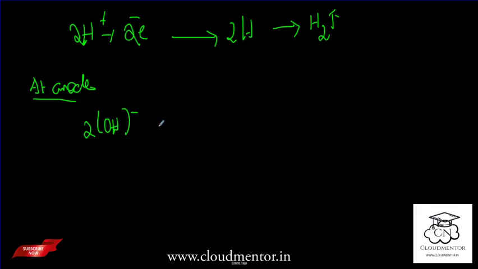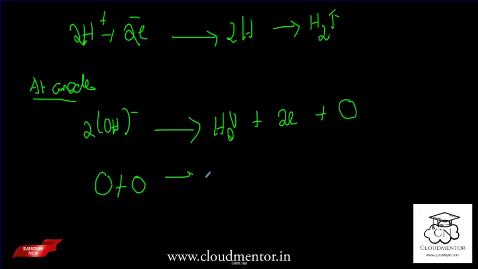The reaction that takes place is 2OH minus gives H2O plus 2 electrons. De-electronation takes place, and we get a mono oxygen atom, and two of them combine to give the O2 gas.